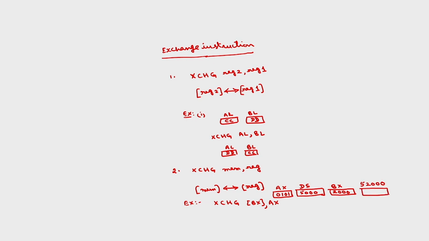Here if we have 1F at 52000H, and in the next location 52001H we have 2F.